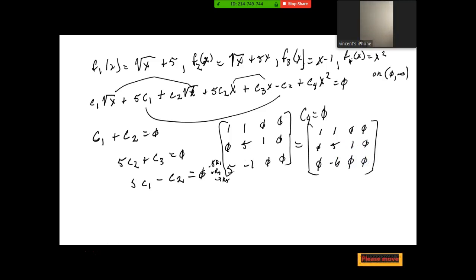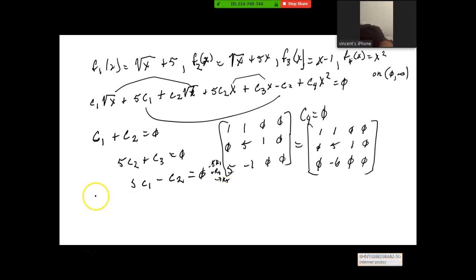Okay? Now, next thing I'm going to do two things at once. I'm going to flip the second and third rows, exchange the second and third row. I'm also going to divide that third row, or the new second row, by minus 6.